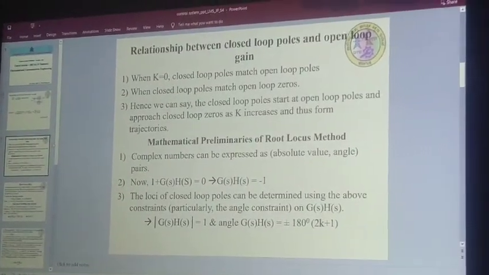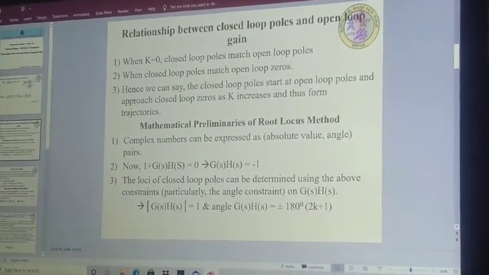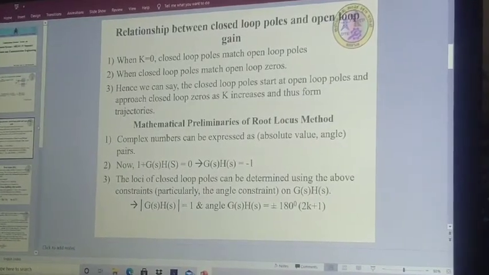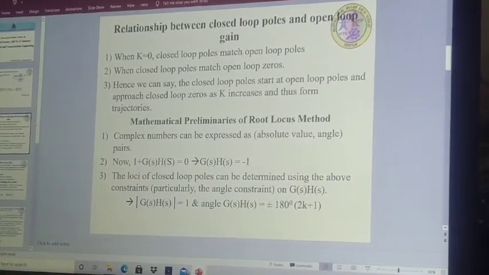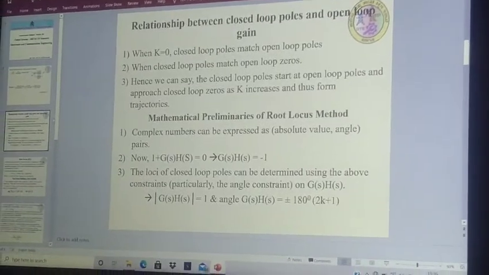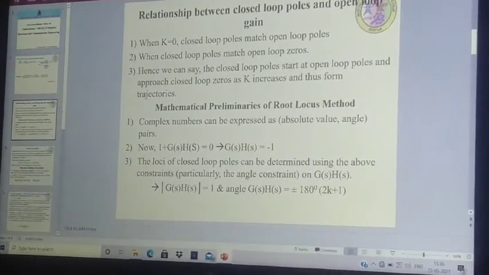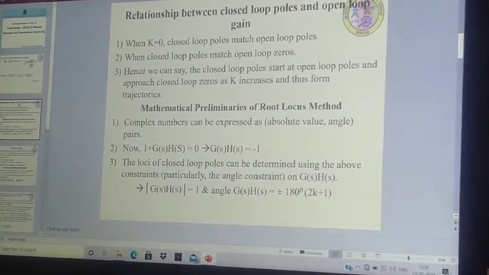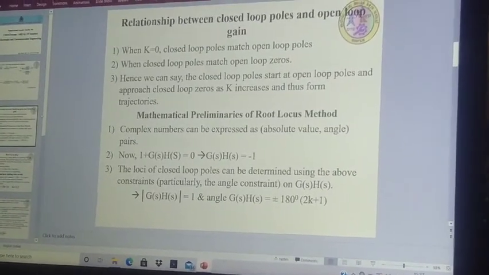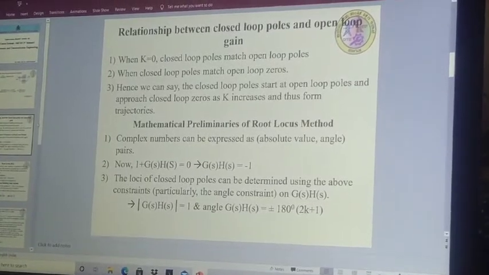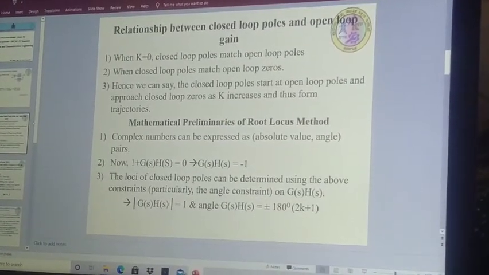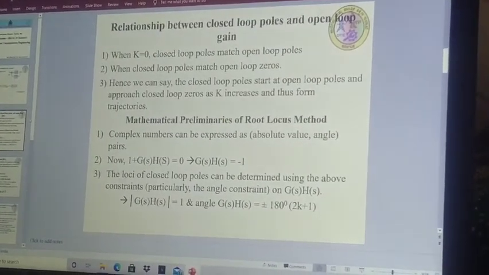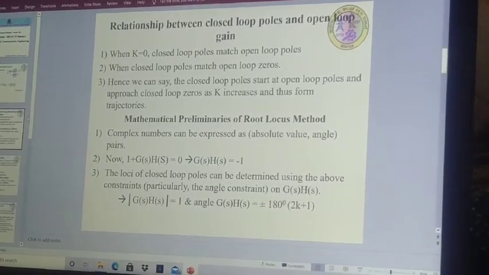Now, what are the mathematical preliminaries of root locus method? A complex number can be expressed as absolute value and angle pairs. Now, 1 plus g of s h of s is equal to 0, which implies negative feedback. That is, g of s h of s is equal to minus 1, where h of s is the feedback factor.